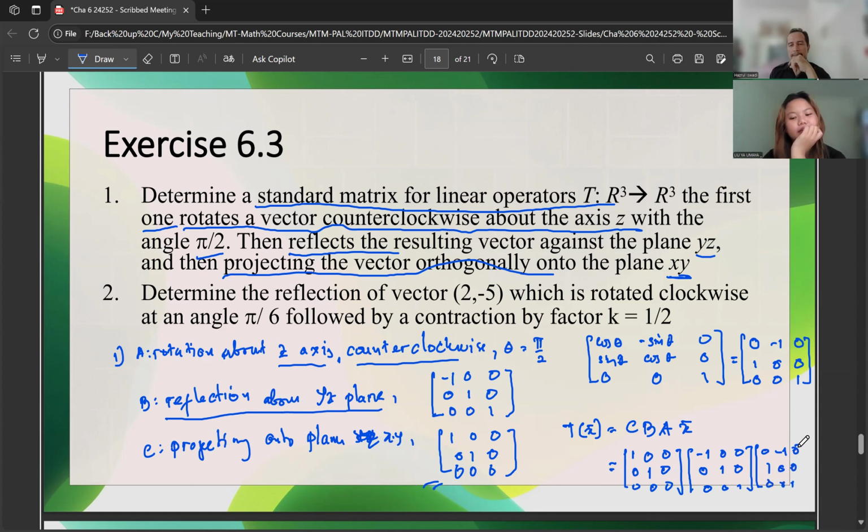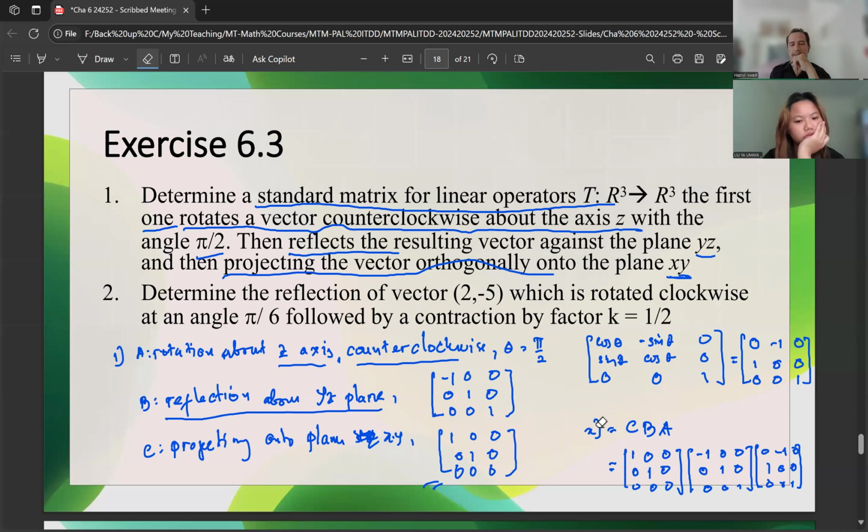And then we multiply it by... sorry, it's not to find the result, but only to find the matrix standard. So we don't need to multiply by x. We just find the matrix standard of the operators.